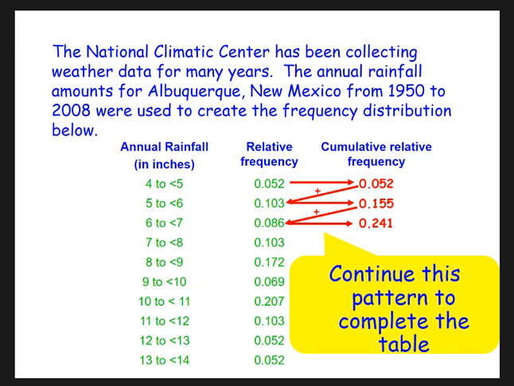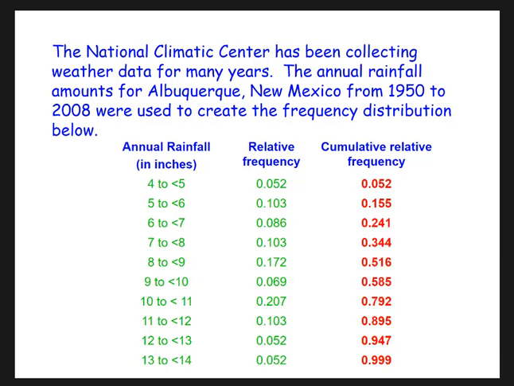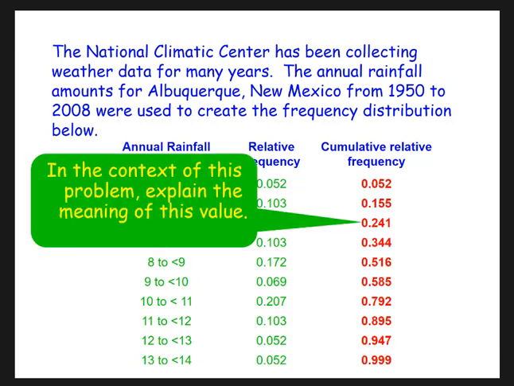So you can see the pattern is you just take the cumulative relative frequency for the previous, add the current one, and you get that as you go down. So what this is saying is, this is the 11 to 12 category here, that's saying that 89.5%, or a proportion of 0.895, is less than 12.